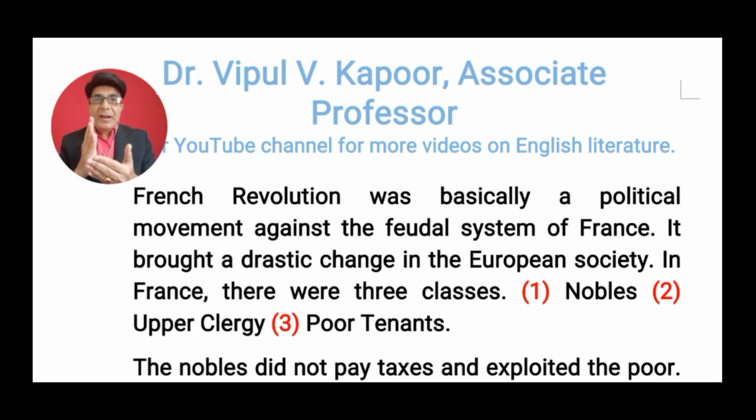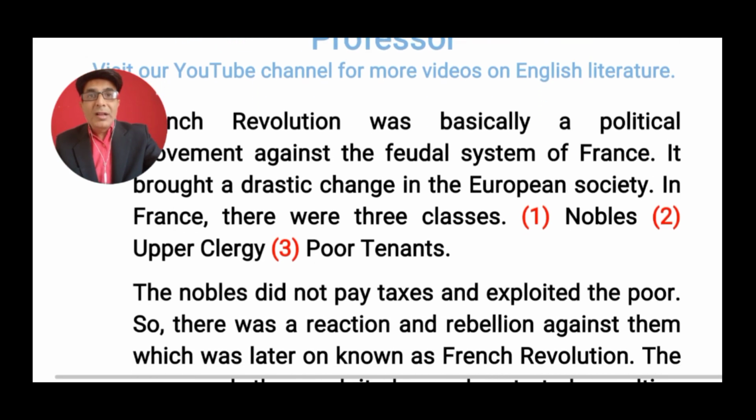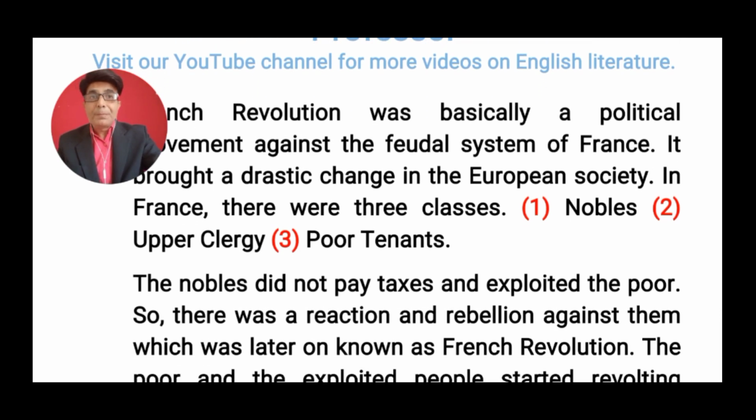Okay, so the French Revolution was basically a political movement against the feudal system of France. There were some feudal people, the nobles, who were not paying taxes, and the poor people, the farmers, were laid with so much burden of taxes, and as a result there was a conflict between the nobles and the poor tenants.